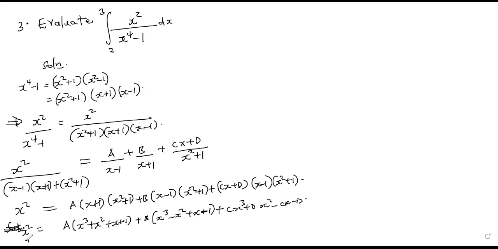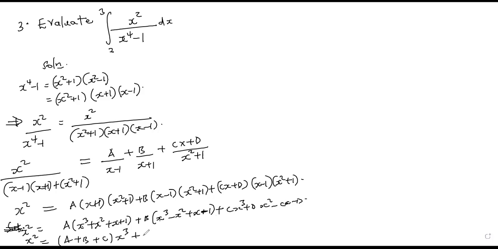So you can factorize so that x squared is equal to the x cubed terms put separately. It is a plus b plus c into x cubed.